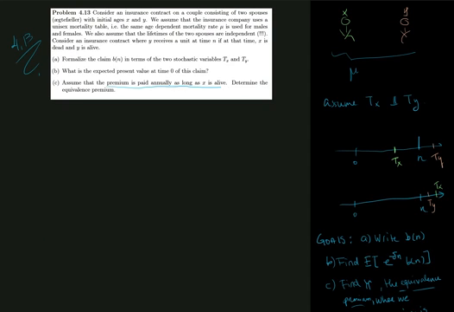So let's go on to the solution of problem 413. In part A, we're asked to write up the claim B of n in terms of the two stochastic variables TX and TY. What we see is that the benefit at time n is equal to 1 if x is dead and y is alive.